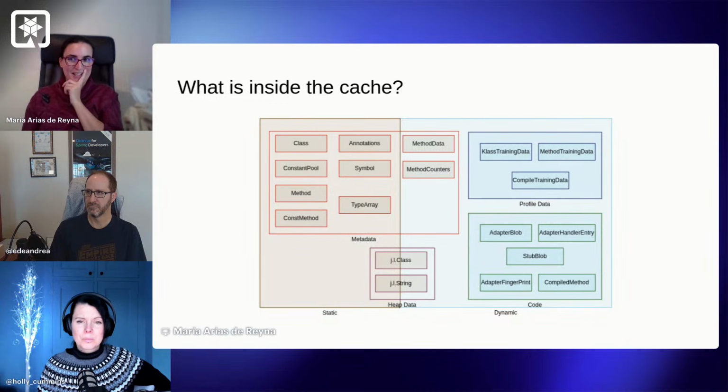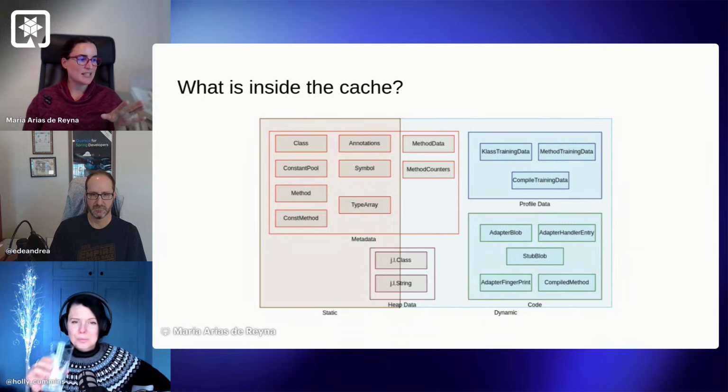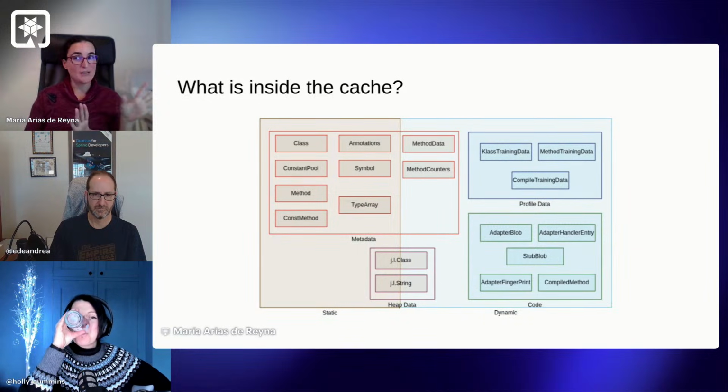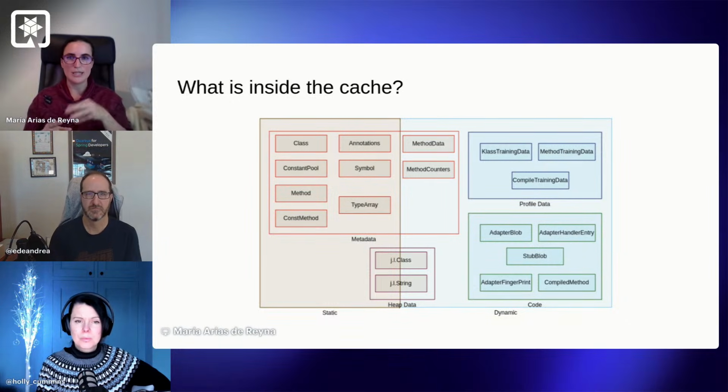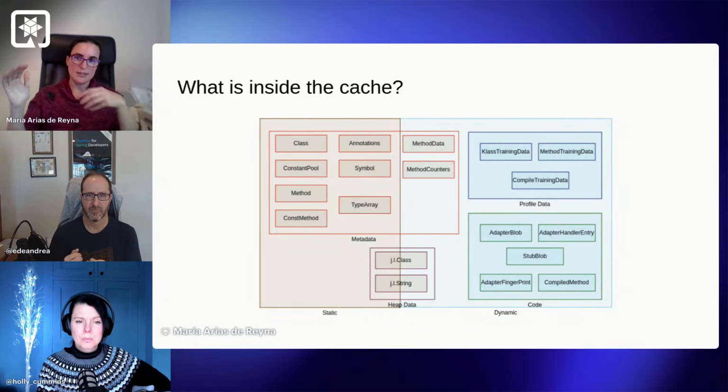What is inside the cache? This is something that changes on each JDK version. So I talk about the metadata. That's really important. For each class that you have the bytecode of on the class path, when it gets loaded, which maybe is not directly used, but used by another class or another method, when it gets loaded into the JVM, there is some metadata associated to it that gets created in memory that says, okay, this is this class, these fields, these methods.